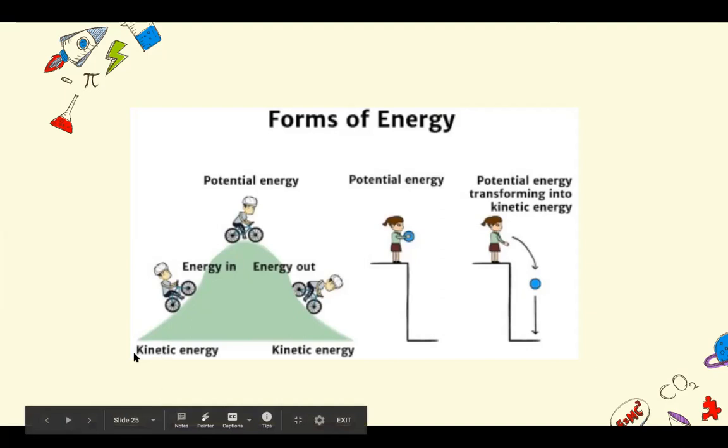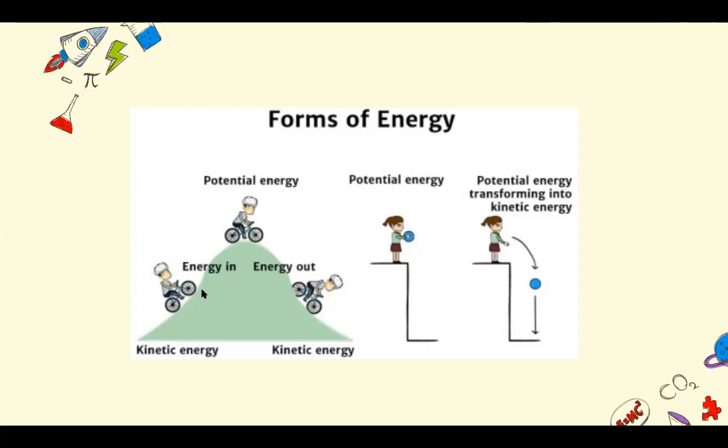So when you are moving, there is kinetic energy, but let's look at this man here. So before I go on to the next slide, let's talk about something. Mechanical energy is the sum of kinetic energy and potential energy. Again, mechanical energy is the sum of kinetic energy and potential energy.